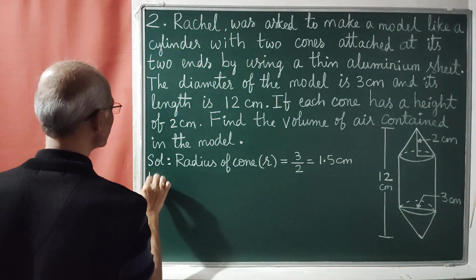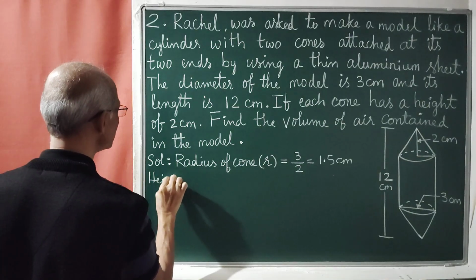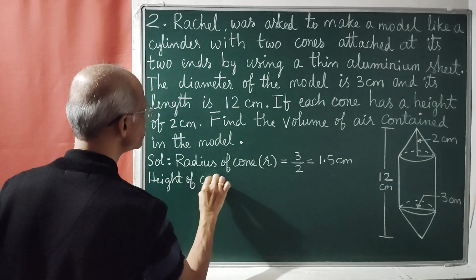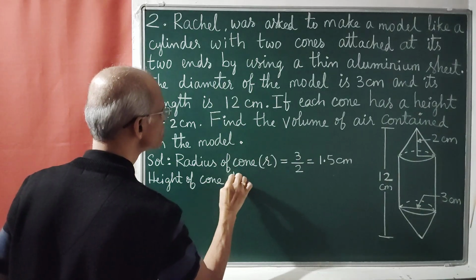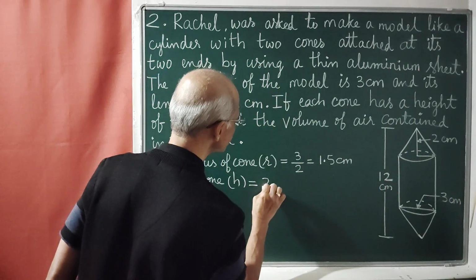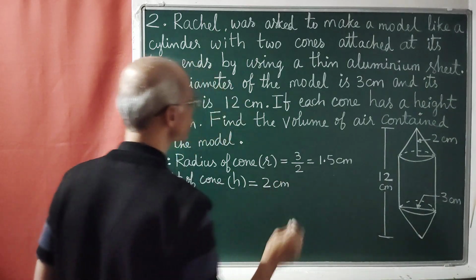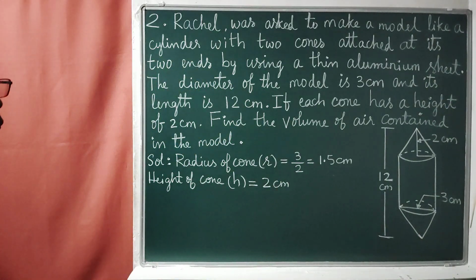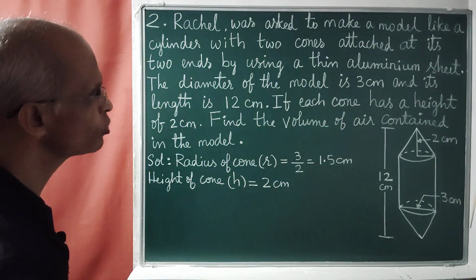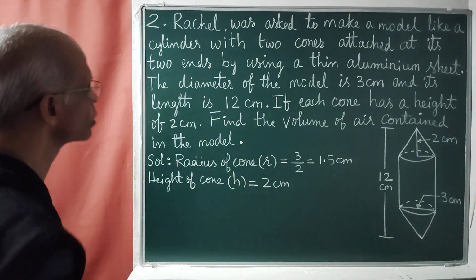The height of cone, H, it is 2 centimeters. Height of cone is given. Now we have to find out the volume of the cone.